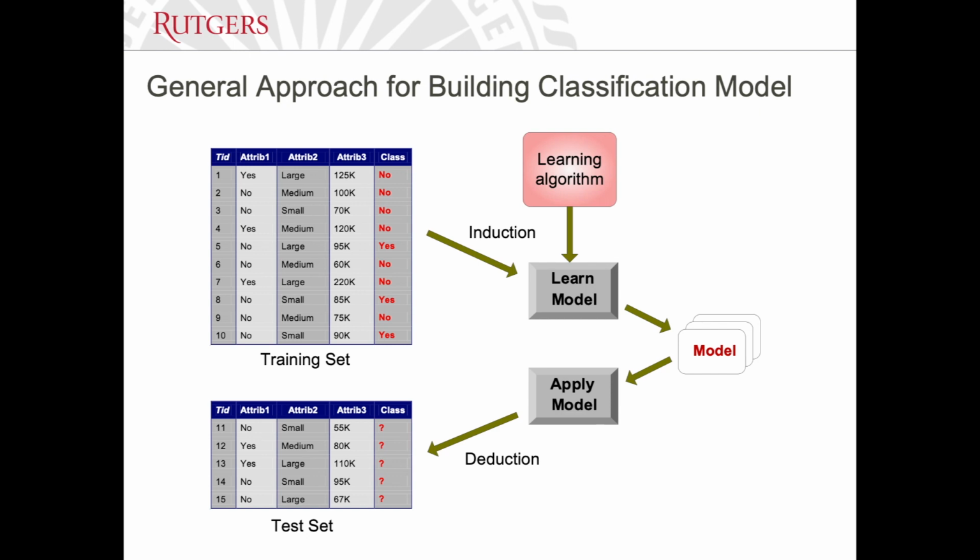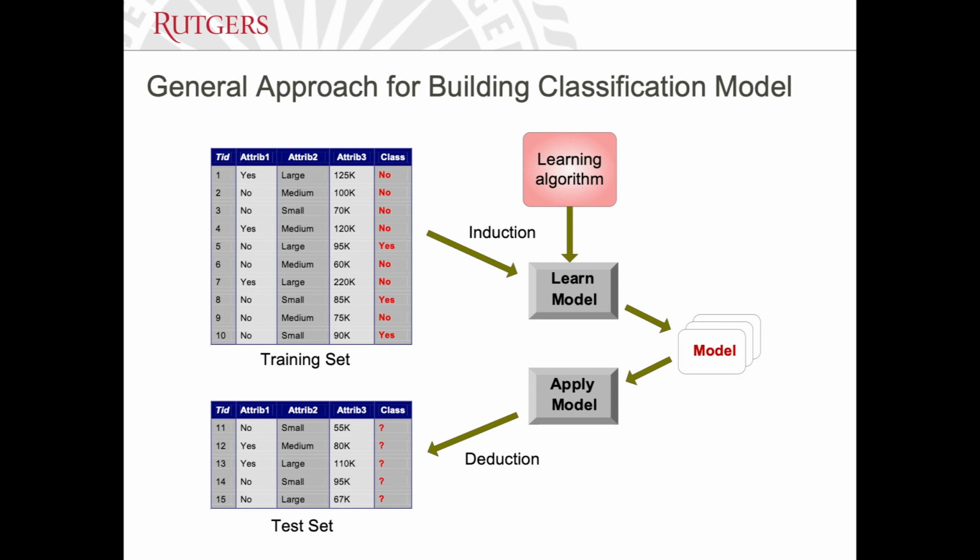The training set consists of records whose class labels are known. It's used to build a classification model. Then subsequently, we apply the classification model to the testing set, which consists of records with unknown class labels.